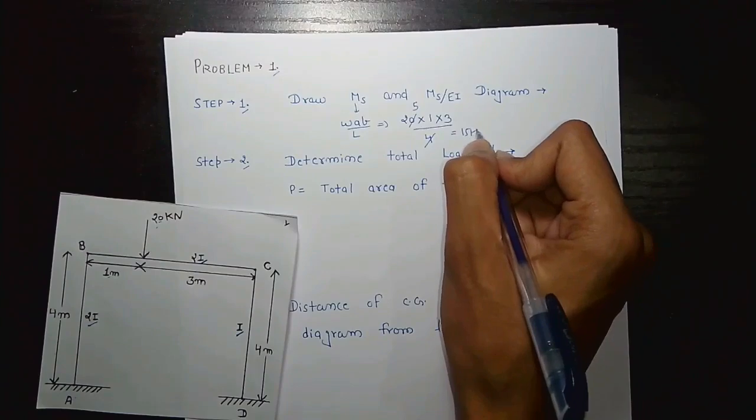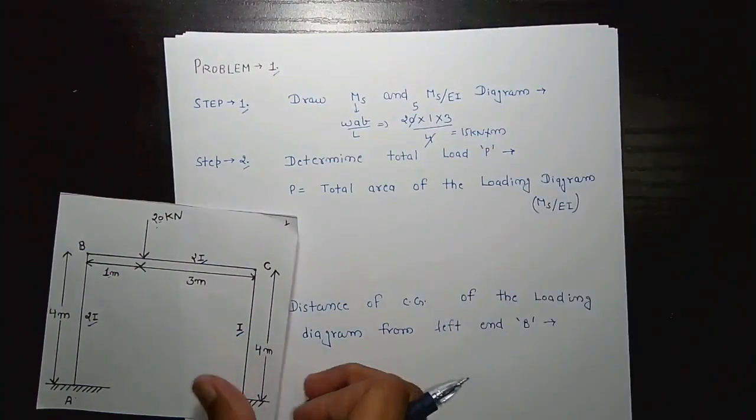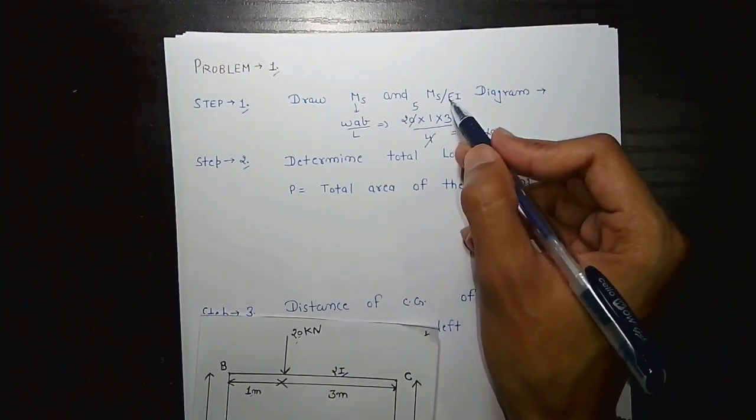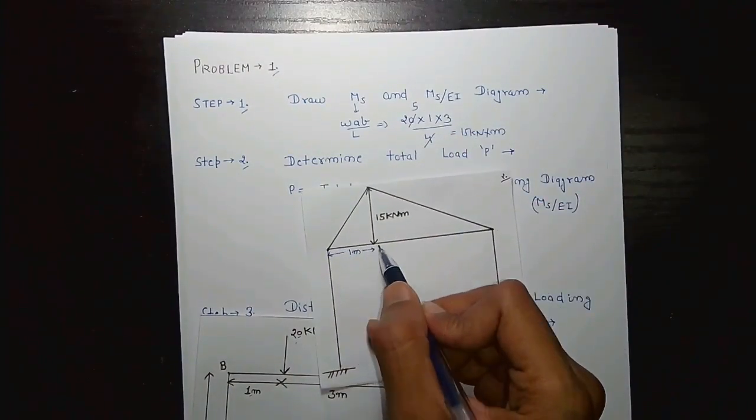So it will be 15 kilonewton meter. And now to draw the loading diagram, or Ms divided by EI diagram. So this is the Ms diagram.